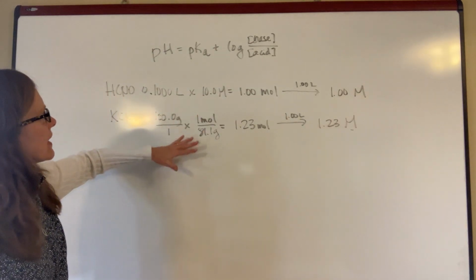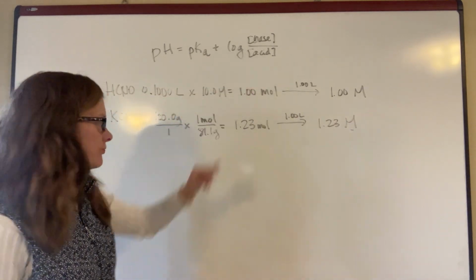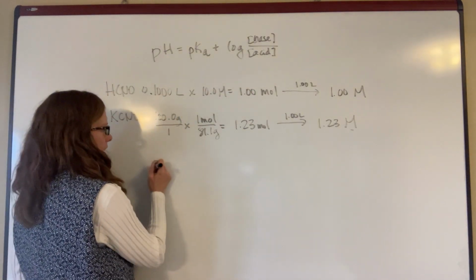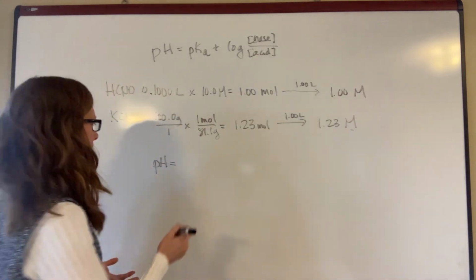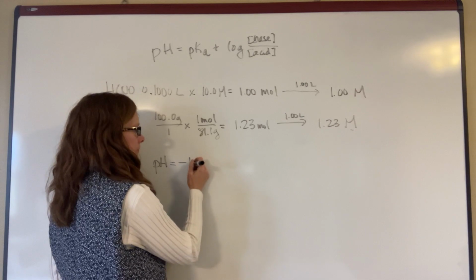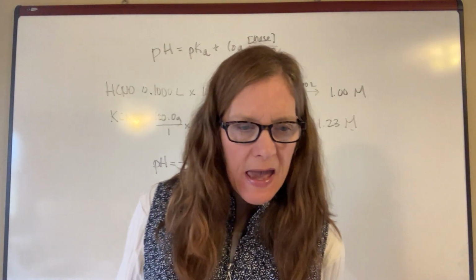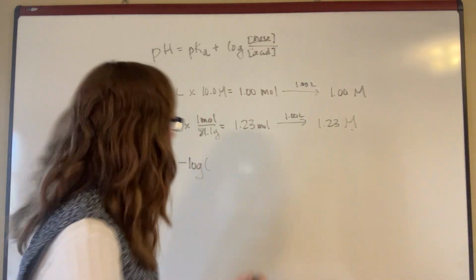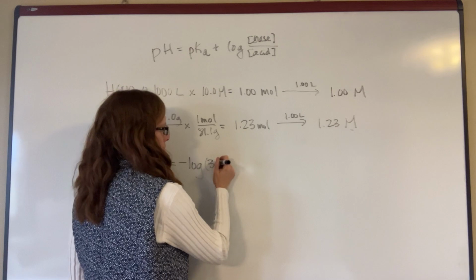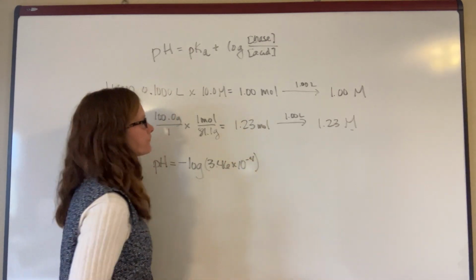Okay? All right. Then, as long as I can find the pKa, I now have everything I need to use in this equation. So I have the pH equals, well, what's the pKa? Well, the pKa is the negative log of the Ka, and the Ka for this was 3.46 times 10 to the minus 4th.